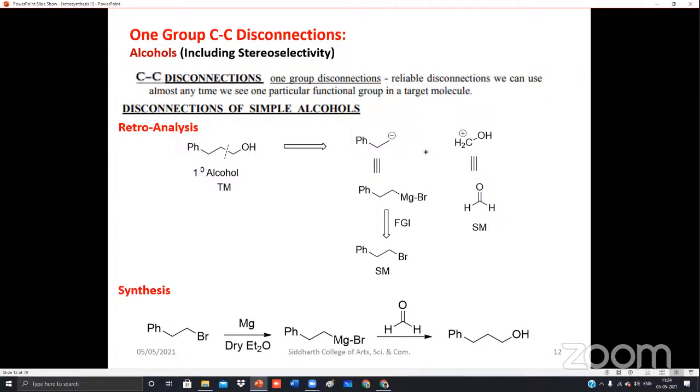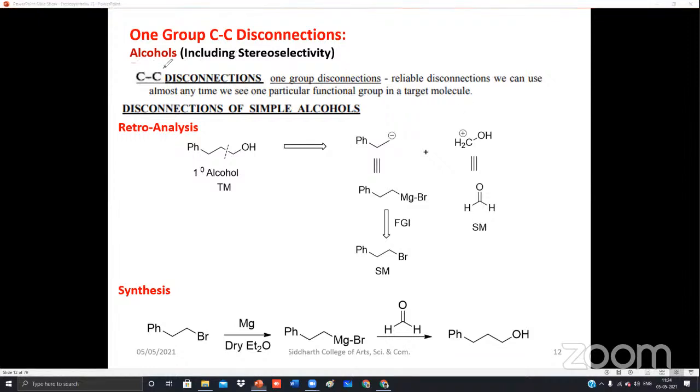Now here we are going to repeat a little bit of the same thing, but in detail: carbon-carbon disconnections with one group. That means in the molecule there is one functional group which will facilitate the process of disconnection. So we have targeted the alcohol first.